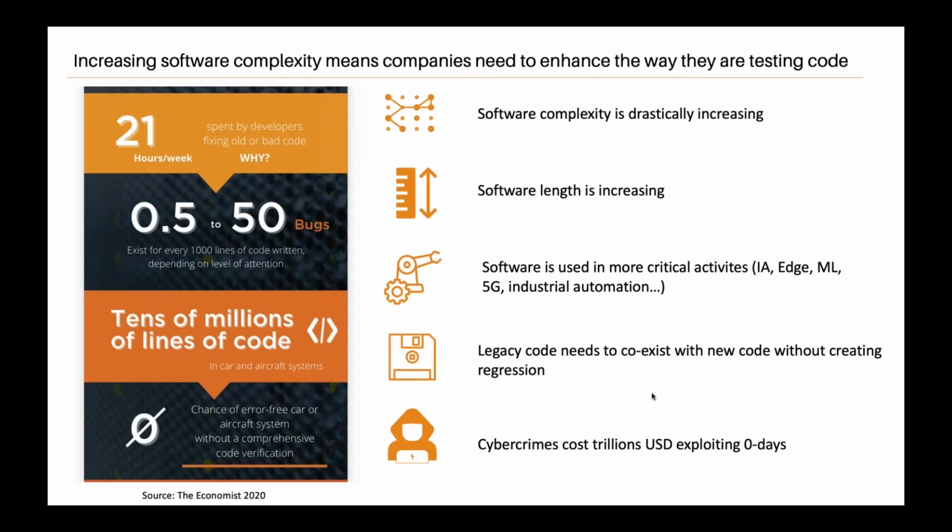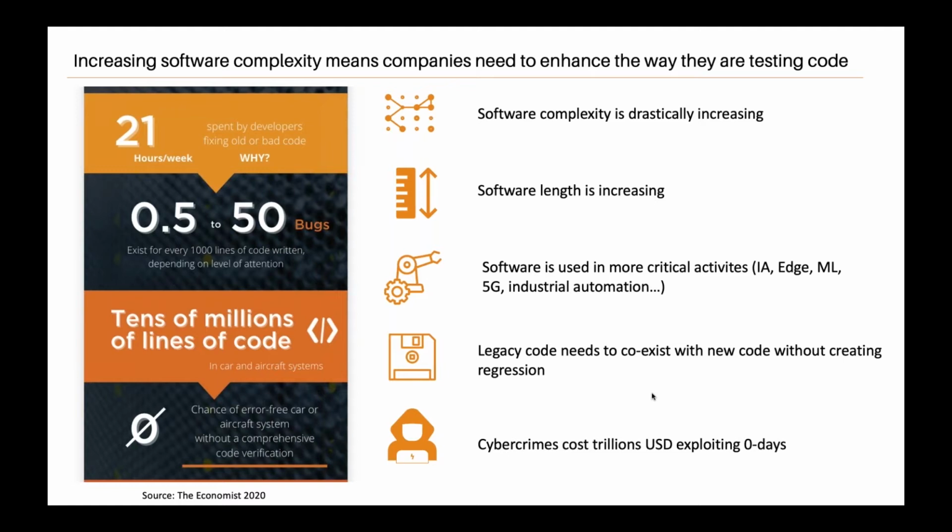Also, software is used in more critical activities, in 5G, in AI, machine learning, industrial automation. We hand over more and more decision making to the software. And we also have a lot of legacy code. There is software from the last 40 years that needs to coexist with all the newly written software without creating regression.